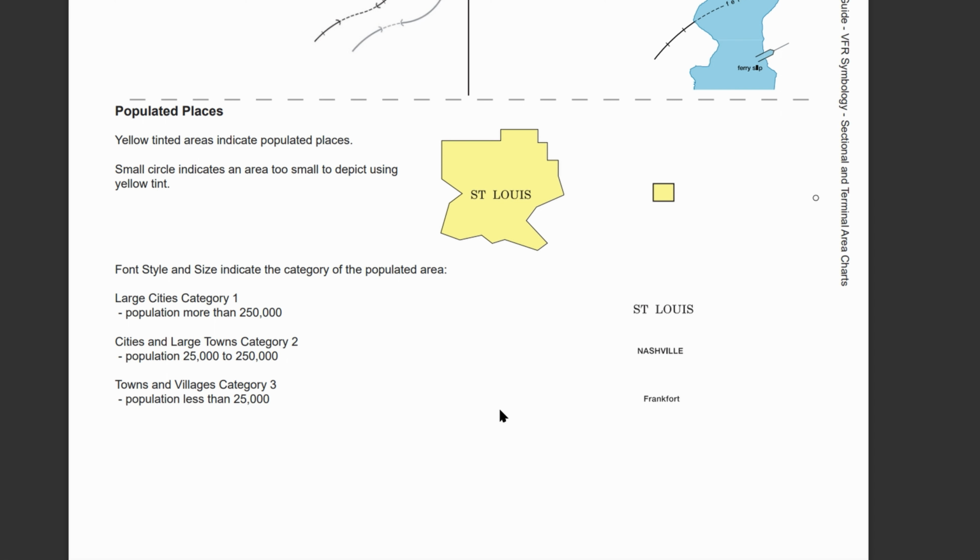This is category 2, when the population is between 25,000 up to 250,000. Now if we go smaller than that, we have towns and villages. These are category 3, when the population is less than 25,000 people. So remember, three categories. More than 250,000 is for the largest, between 25,000 and 250,000, category 2 is middle, and then if you're super small, below 25,000, you're category 3.